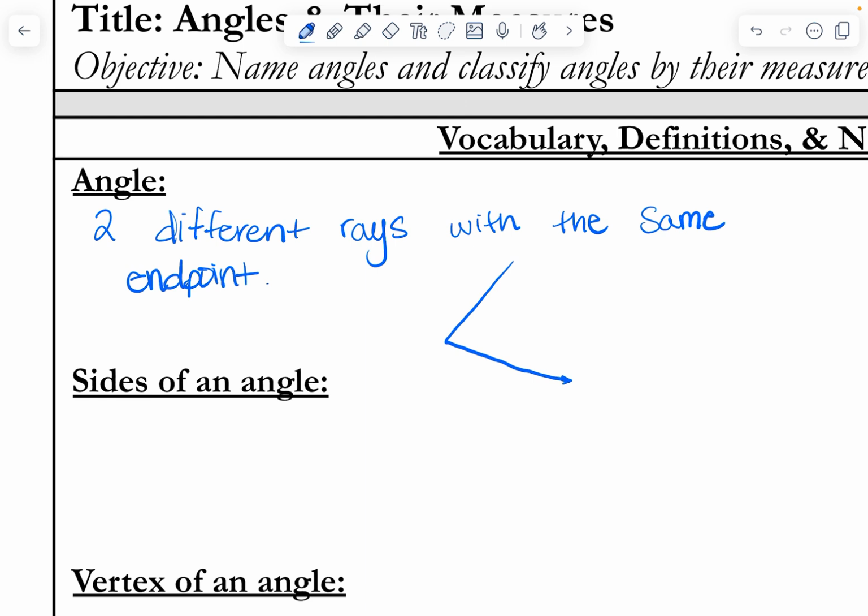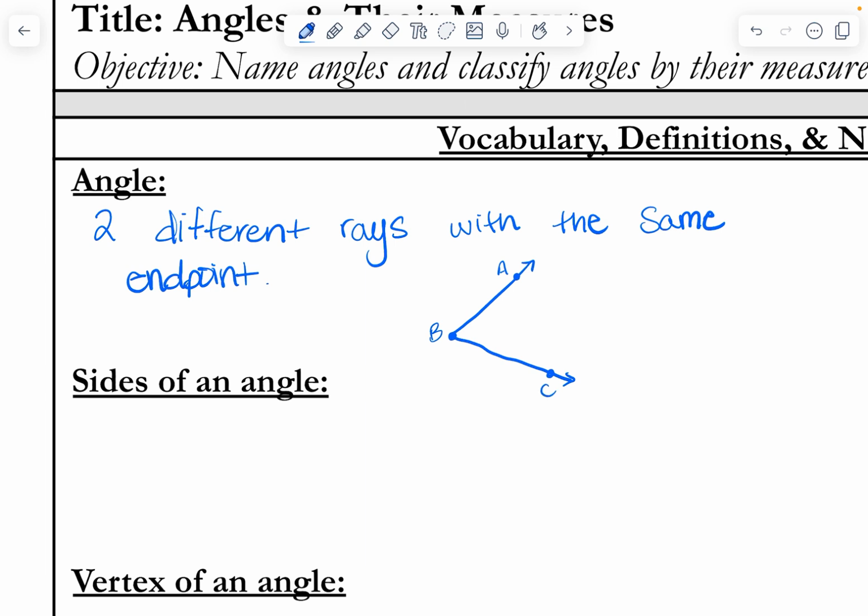And we always want to put those arrows on the ends, representing that our angle goes on forever in those directions. And we always have 3 points on our angle, and that is where I'm drawing these. I'm going to name them just A, B, C for the sake of simplicity.